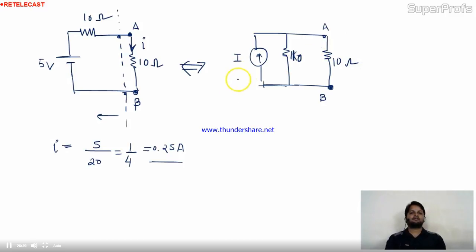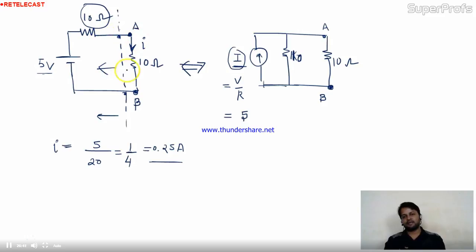Is it okay? Now tell me the value of this current. The value of this current is V by R. What is V? V is 5. What is R? R is this 10 only. Don't consider this 10 and then 20, because we are looking at this circuit from A and B. So 5 divided by 10 means 0.5.